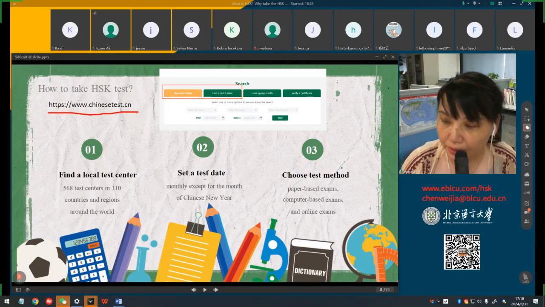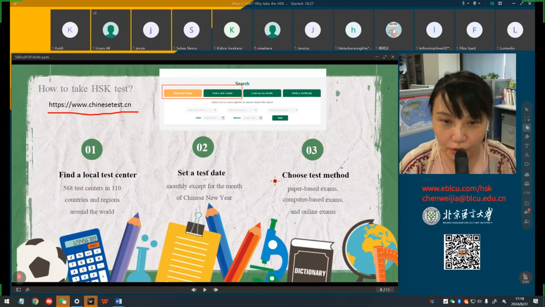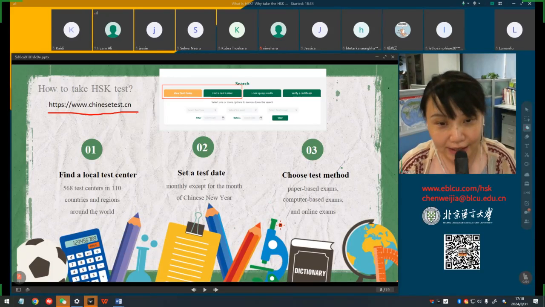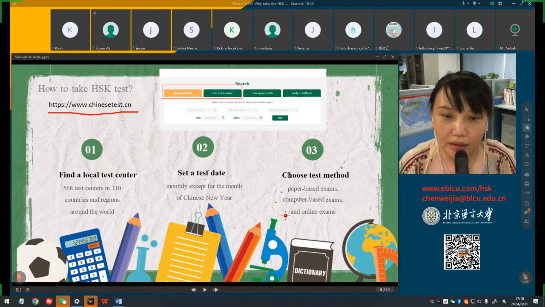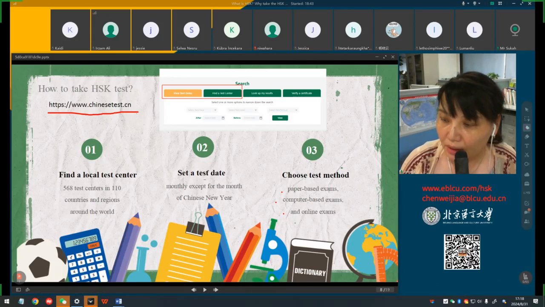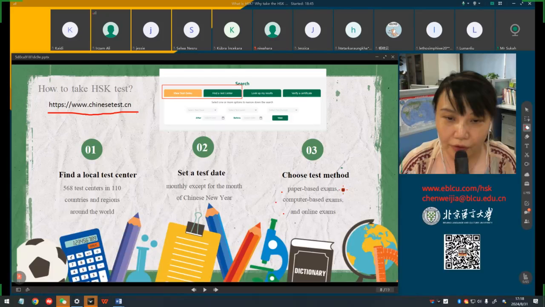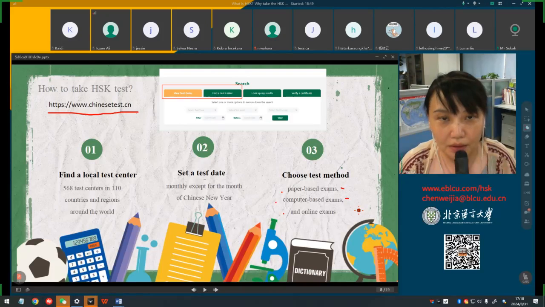And talking about the options of test method, there are 3 methods of taking the HSK test. First one is the paper-based exam, and the second one is the computer-based exam, and the third is the online exam. Both the first 2, the paper-based and computer-based exams, need to be taken in the test center, so at your local place.